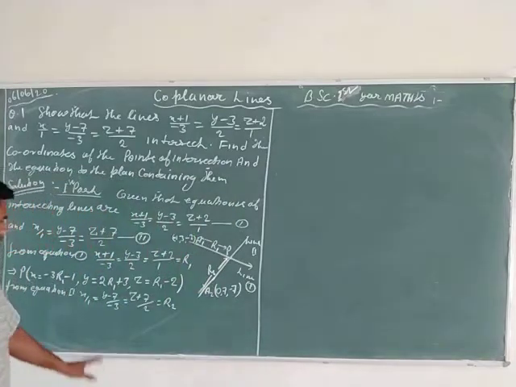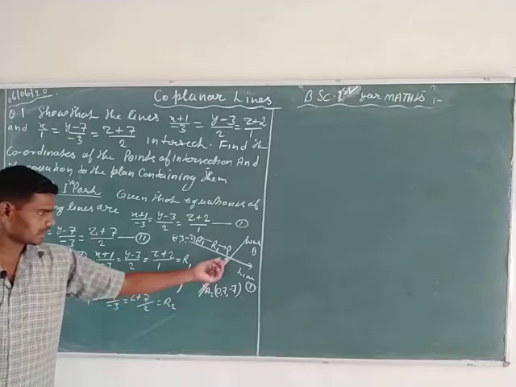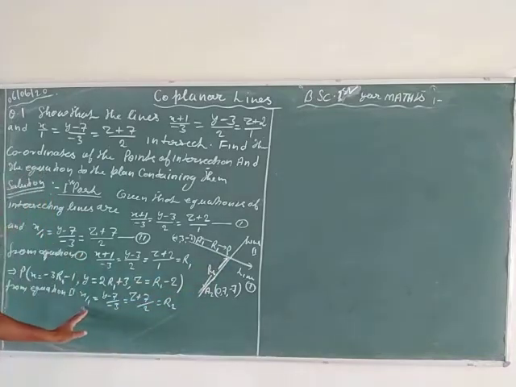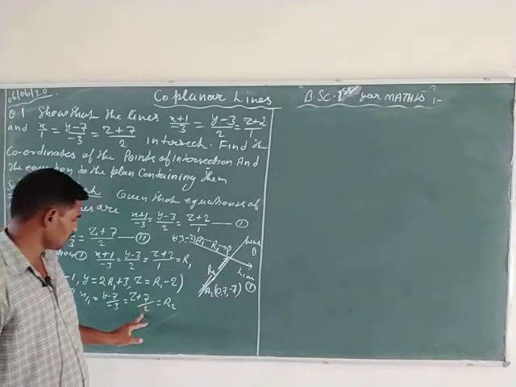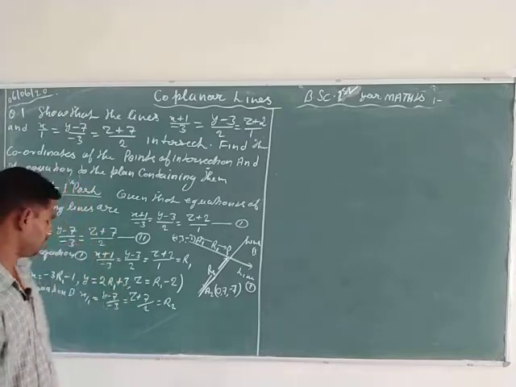Okay. So from the second equation, calculate the intersecting point P. For this, write x by 1 is equal to y minus 7 by minus 3 is equal to z plus 7 by 2 is equal to r2.